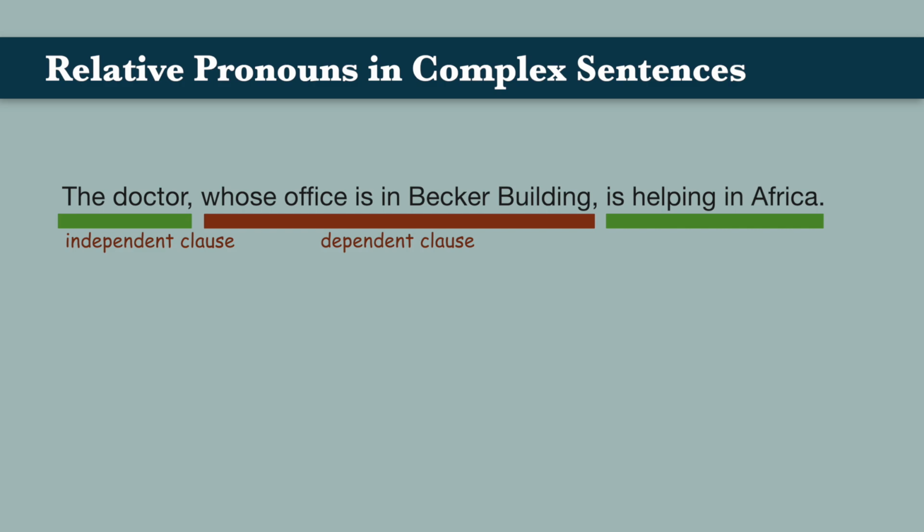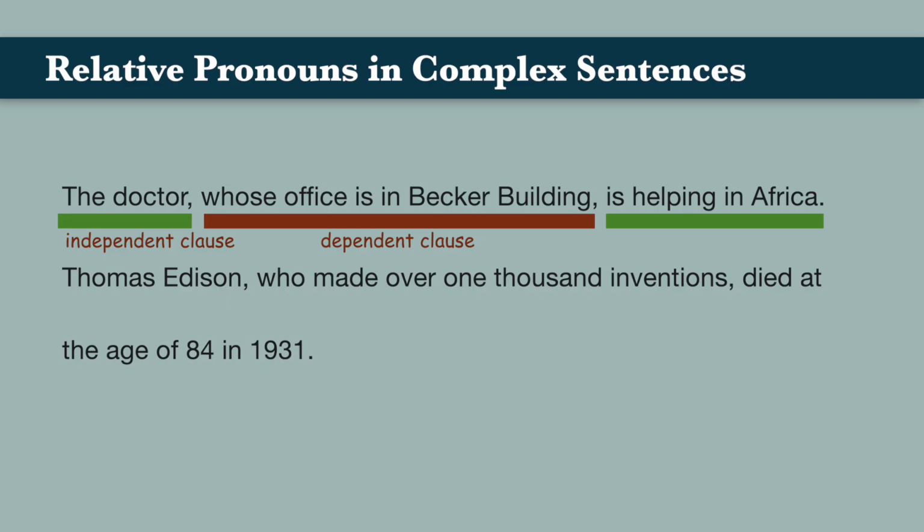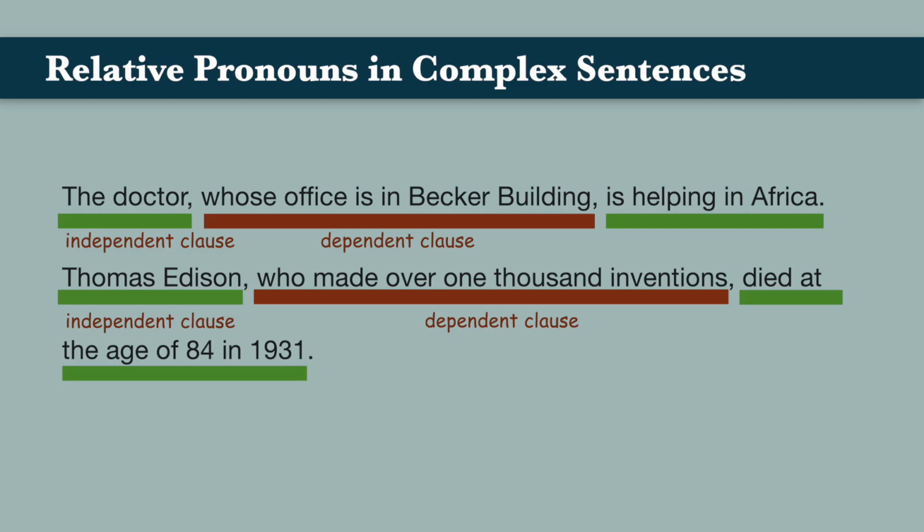Let's look at one more example. Thomas Edison, who made over 1,000 inventions, died at the age of 84 in 1931. Again, who made over 1,000 inventions is the dependent clause, and Thomas Edison died at the age of 84 in 1931 is the independent clause.